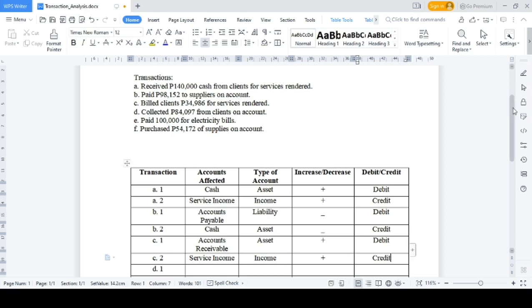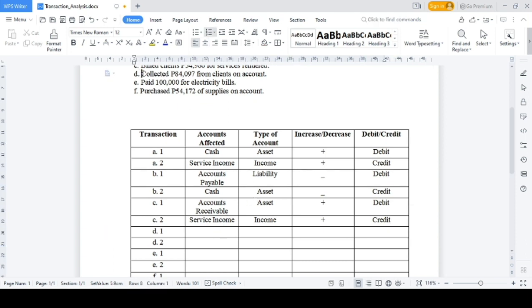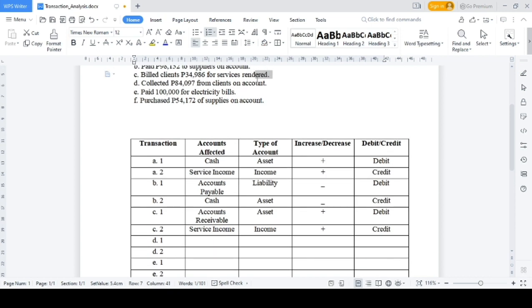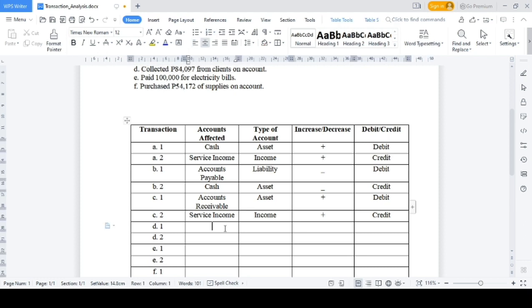Alright. Now let's go for D. According to D, the business collected 84,097 pesos from clients on account, meaning the client paid 84,097 pesos to the business. Alright.